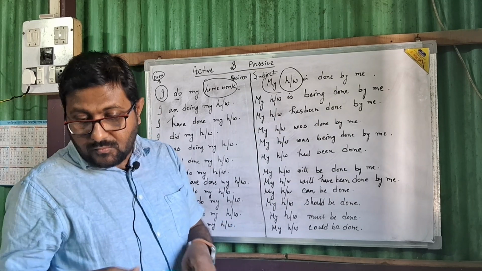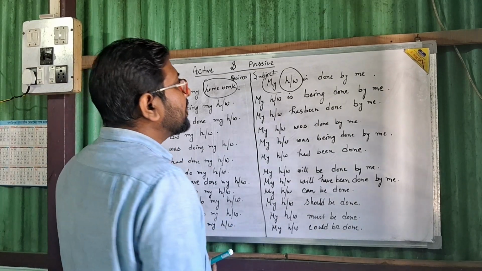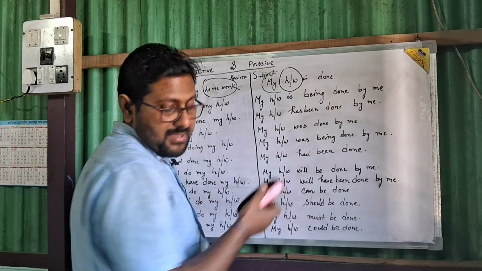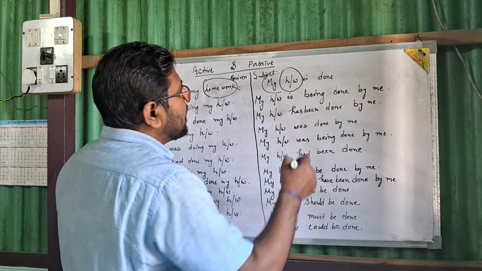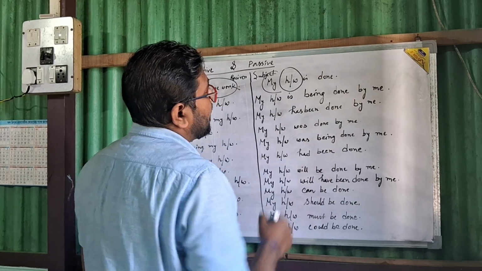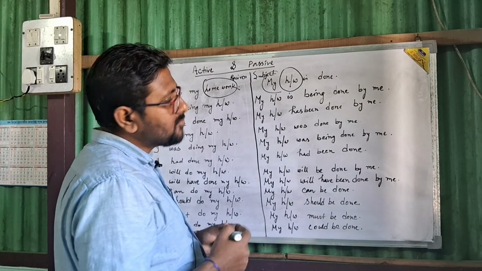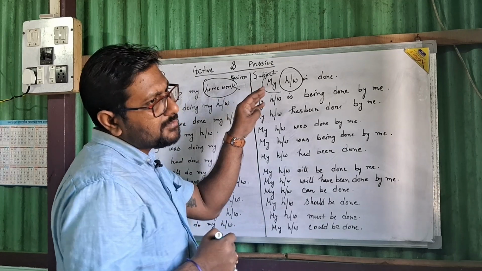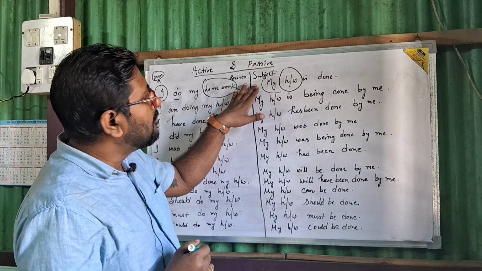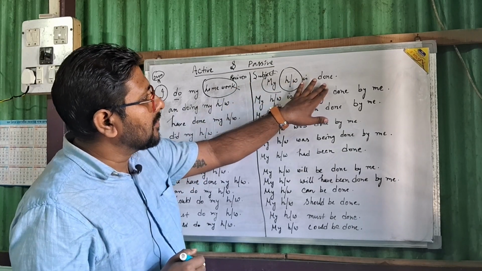One more thing I just wanted to let you guys know is that you might have "by me" or you might not have "by me." So don't get confused. If they give "by me," it's very easy to understand that it's a passive voice. If they don't put "by me," then also you can understand by reading the sentence. So the sentence here is "my homework is done."